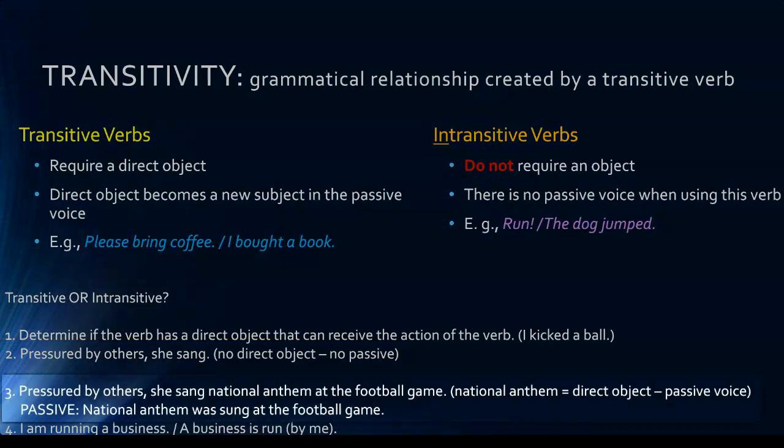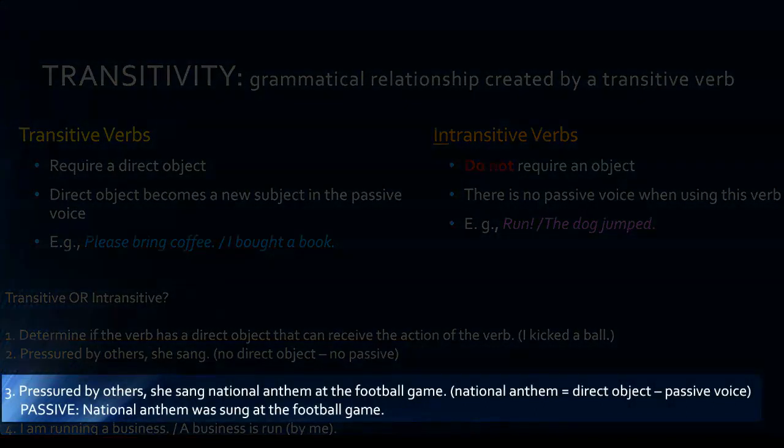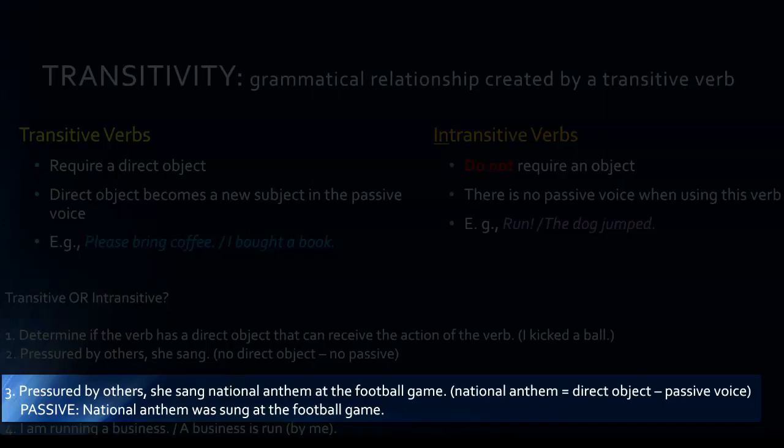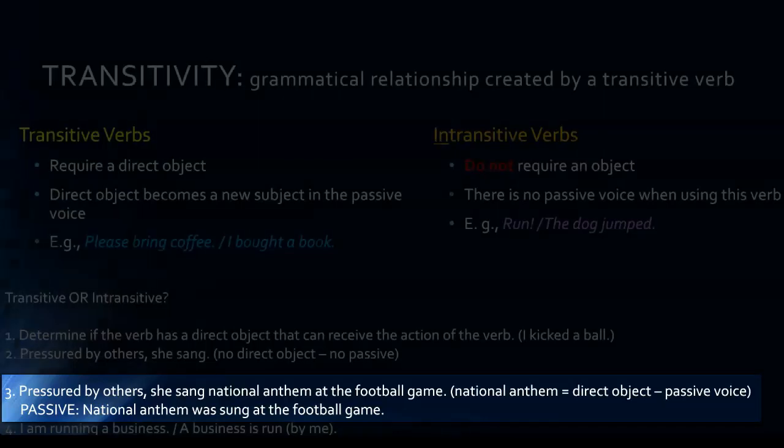However, if I say, pressured by others, she sang a national anthem at the football game, now I know what she sang, and I can convert this direct object: the national anthem was sung at the football game. In this case I can make my passive voice work for me. So you will have to look at your context and the message that you're trying to convey to see whether or not the verb can be used as transitive or intransitive.